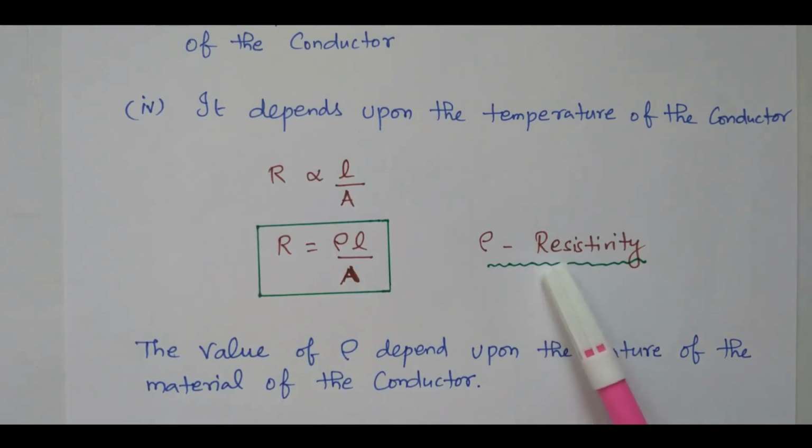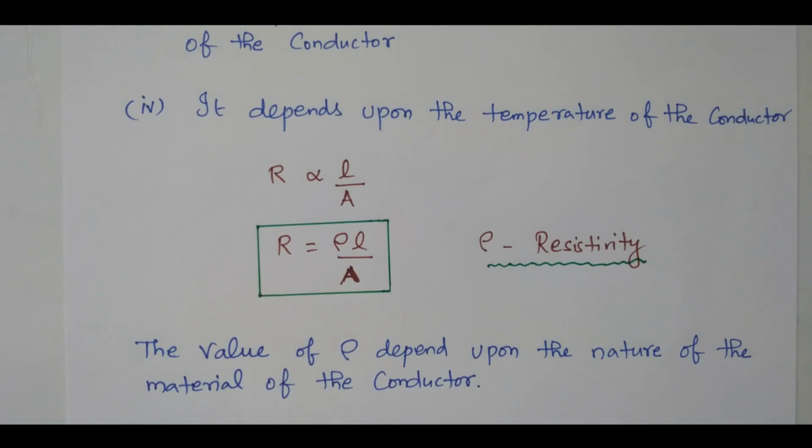So R equals rho L by A. We can find the resistance based on these three parameters: resistivity, length of the conductor, and area of the conductor.